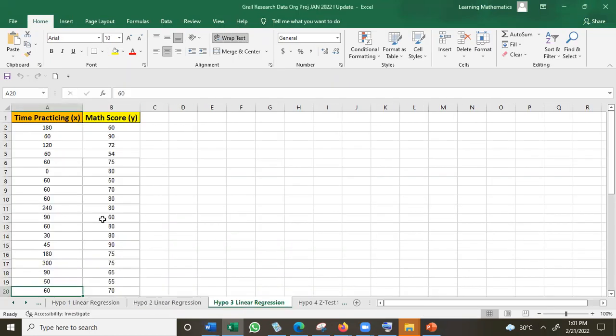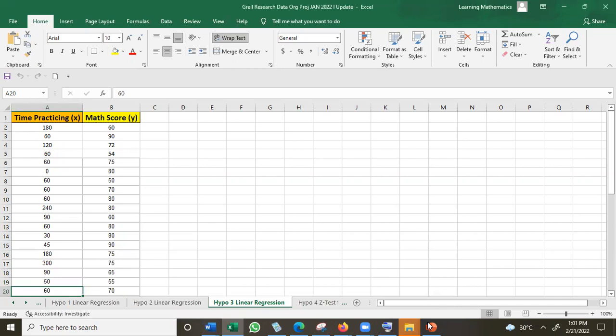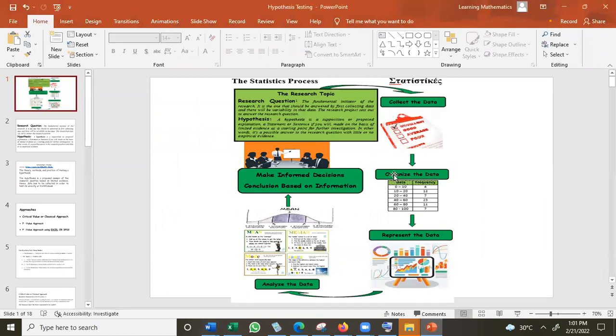So this is what we're going to use to test hypothesis 1, 2, and 3 in line with the whole research project, using sample data, statistics calculated from a sample to test a hypothesis.